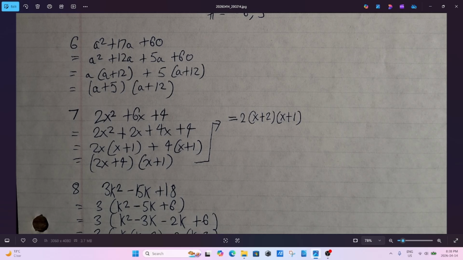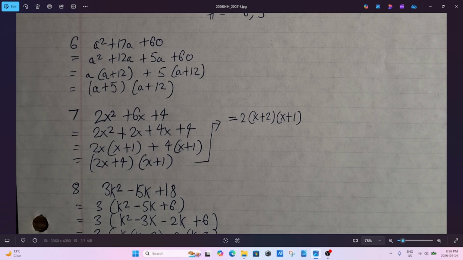So we can split it so that the 17a becomes 12a plus 5a. And if we do that, we get a times a plus 12 plus 5 times a plus 12, which means it's a plus 5 times a plus 12.